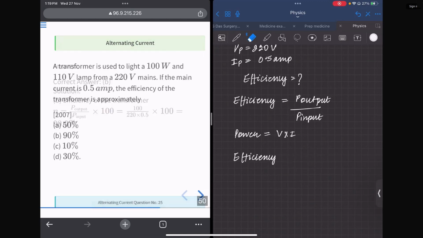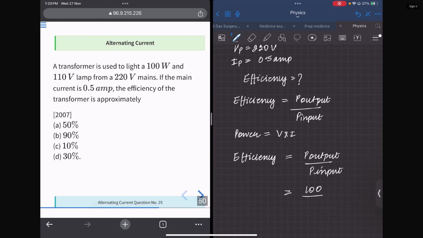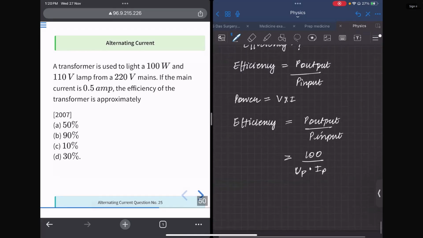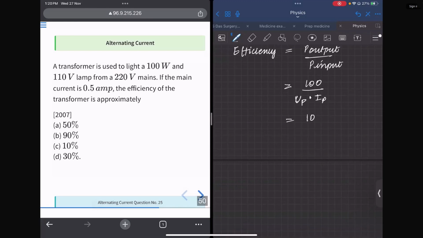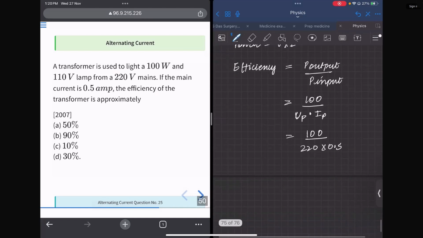We have efficiency as power of output upon power of input, which is equal to 100 by P of input, which is V of primary into I of primary, which is equal to 100 by, in primary we have 220 volts into 0.5. Okay, so this would come out as a fraction.